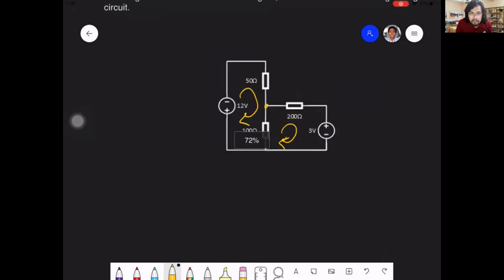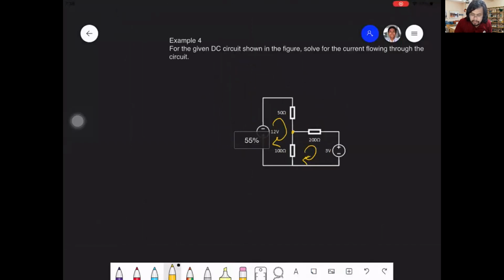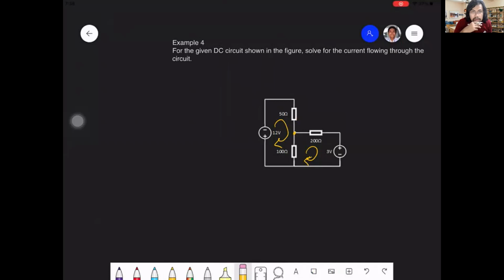We use equation 5 as provided in lecture 1. We use equation 5 and we identify I1 over here, and then I2 and I3 over here, because there is a junction.